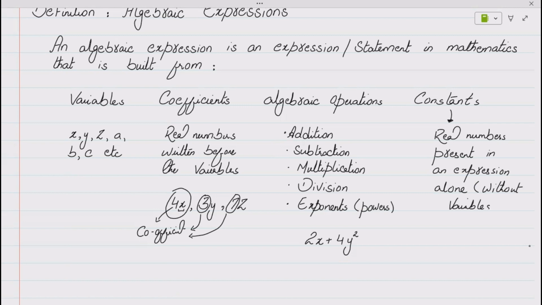So these are just numbers. You know that coefficients are also numbers, but coefficients always come with the variable. The constants are also real numbers, but they don't come with the variables. They come alone, i.e. 2, 4, 9, minus 7 upon 3, and so on.